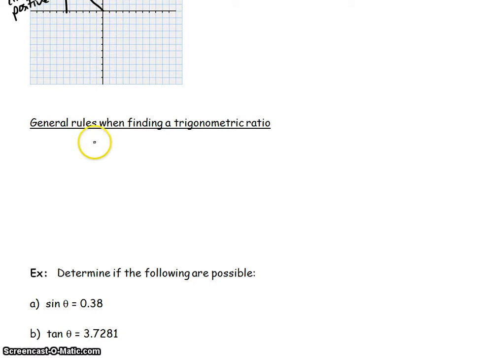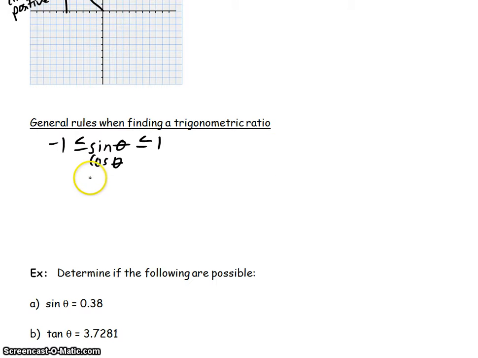General rules when finding a ratio to determine if what you have makes logical sense on paper. Sine can be anything between -1 and 1. Same as cosine. Those can both be between -1 and 1.